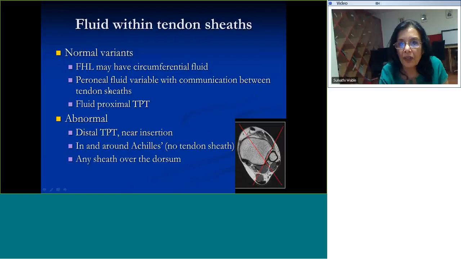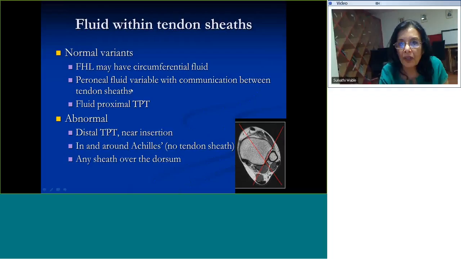Now coming to tendons, when you see small amount of fluid in certain areas around the tendon sheaths, it may be normal. Typically, some fluid around the flexor hallucis is normal, that is extension of fluid from the joint.